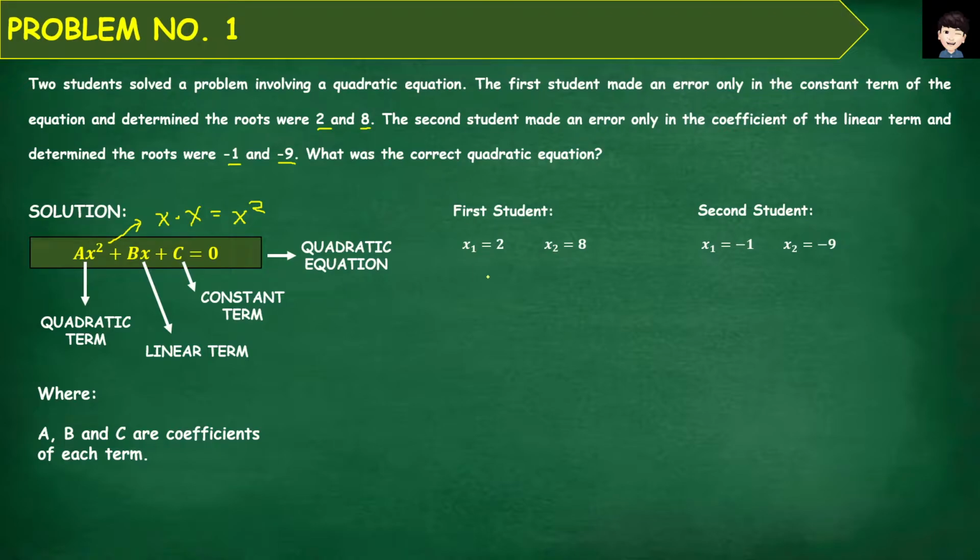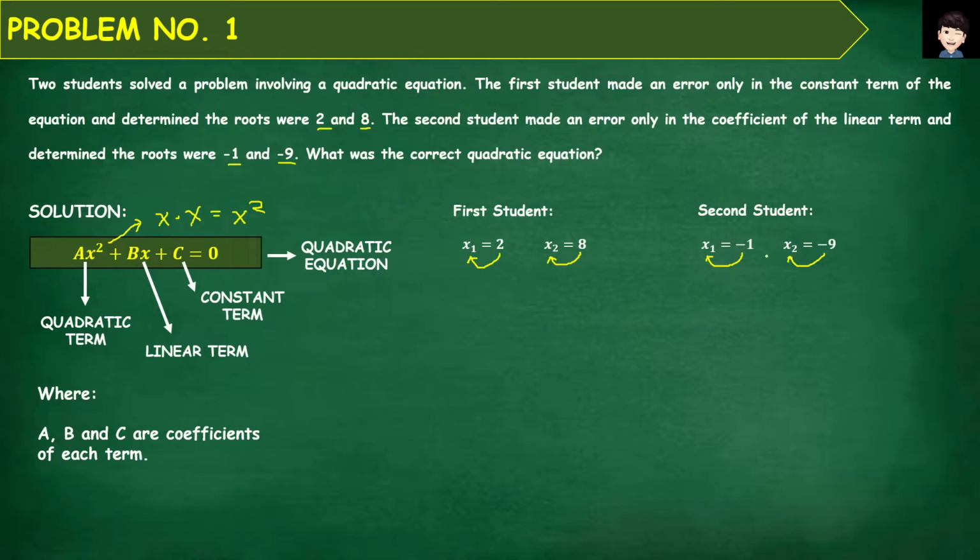So first thing to do, we have to transpose the roots to the left side since nasa right side sila. So yung 2, lipat natin dito. 8, lipat natin dito. -1, ilipat natin dito. Then yung -9, ilipat natin dito.